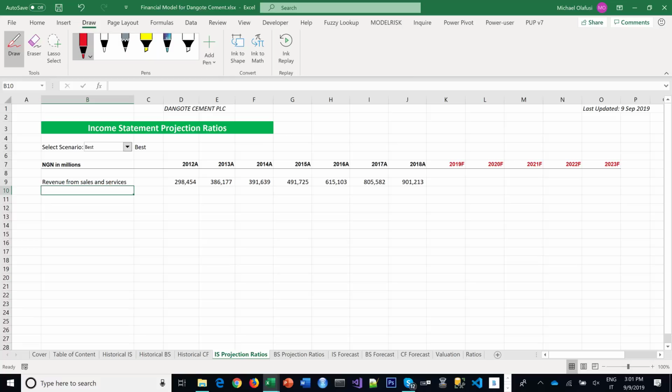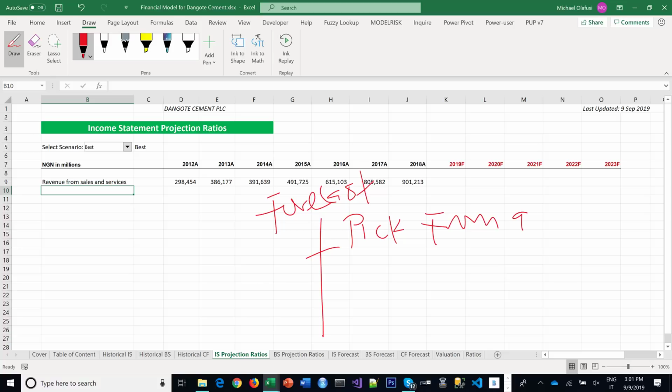So when it comes to forecast, you will want to pick from an existing schedule or plan.